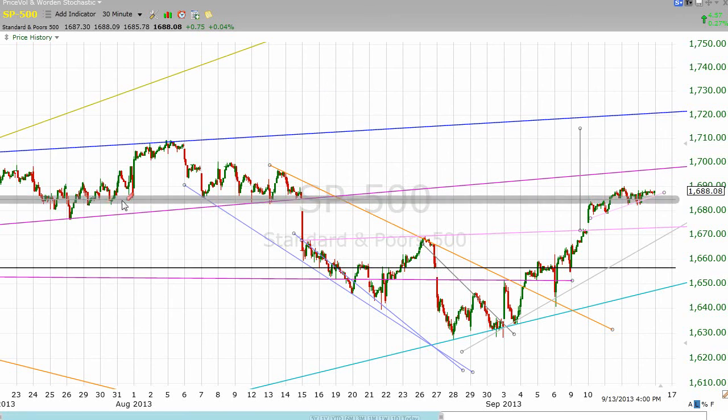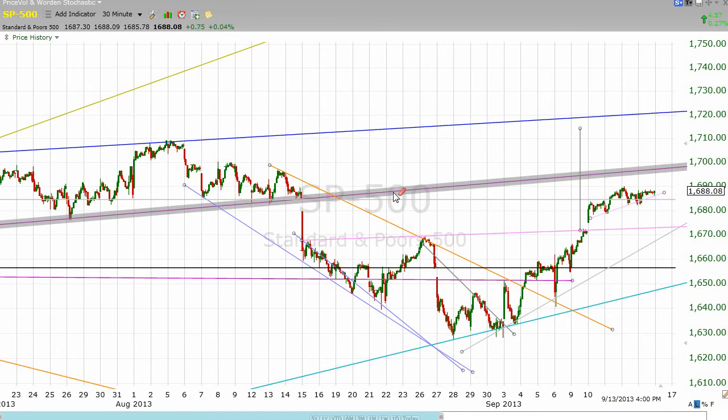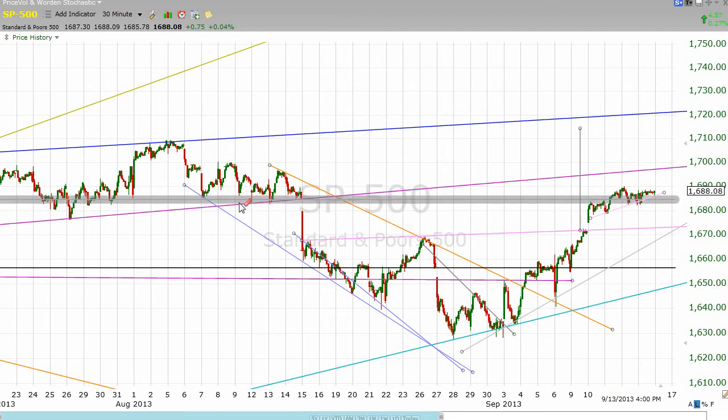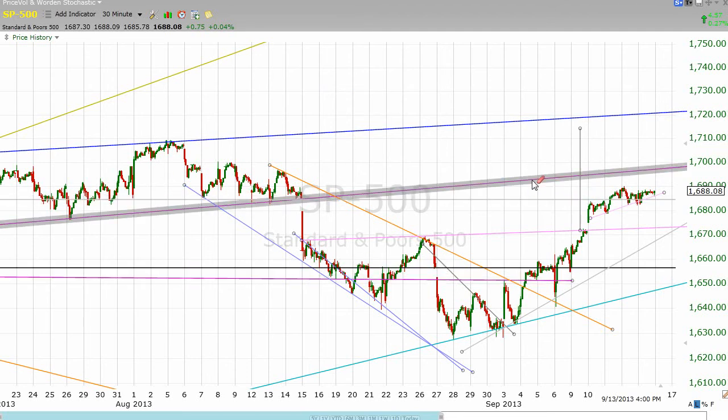Now, if we had this head and shoulders top and we'd only come down 8 points and then rallied back to this line, I would say, folks, it's going to head south when it gets there, because this pattern would not have made its minimum target. But the minimum target is a done deal. So therefore, I'm a little ambivalent.